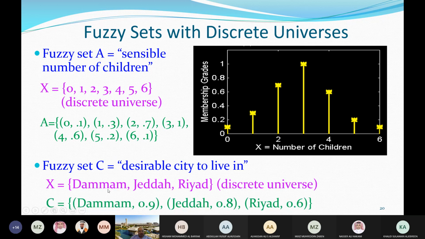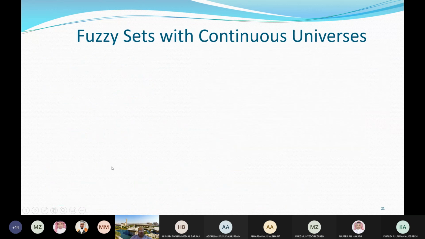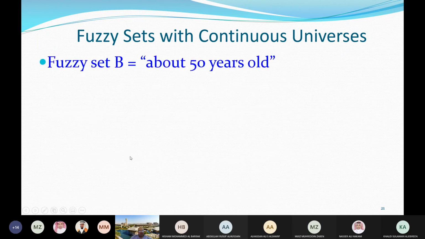And you can define that Dammam's degree of membership is 0.9, Jeddah's degree of membership is such, and Riyadh's degree of membership is as such. So you can have this pair, the value and the degree of membership, in a discrete universe of discourse.